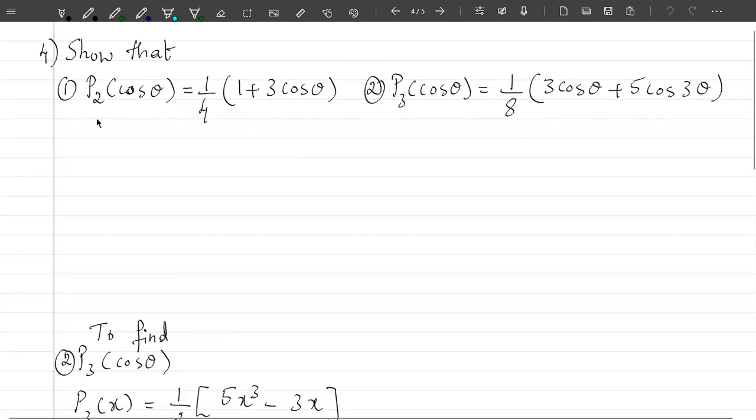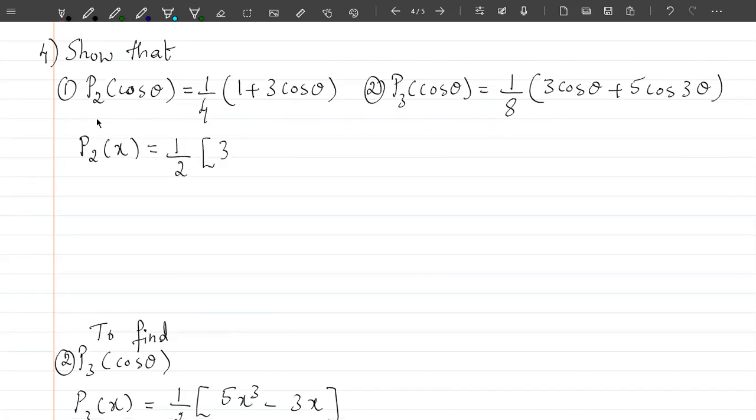To solve the first one, from the Legendre polynomial expansion, you know that P2 of x is equal to 1 by 2 into 3x square minus 1. Now, what is P2 of cos theta?